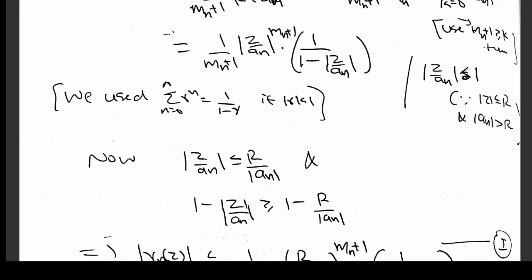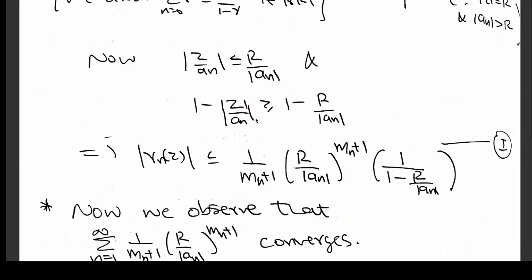So now what is remaining is the summation of this series, and you take the (mn plus 1) term outside. So this becomes a geometric series with ratio less than 1. So you can estimate this. Geometric series has the sum 1/(1 - r). So now this is easy.